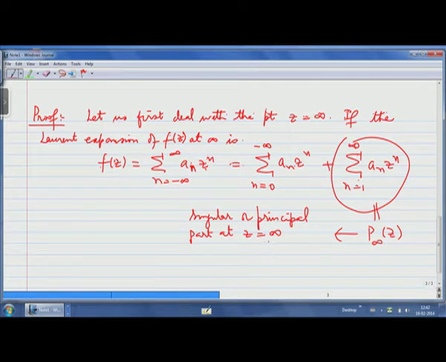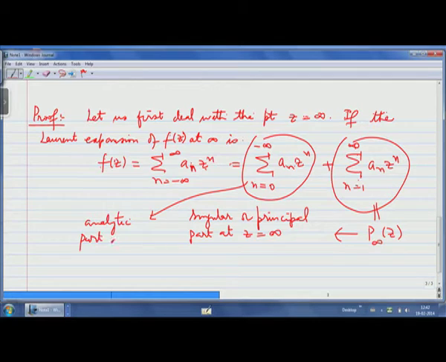And of course whatever is left out here is the analytic part. Of course you should take this Laurent expansion to be valid for mod z greater than r, for r sufficiently large. So this is very important.